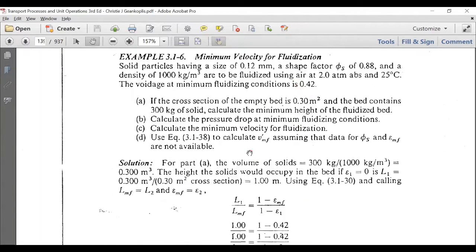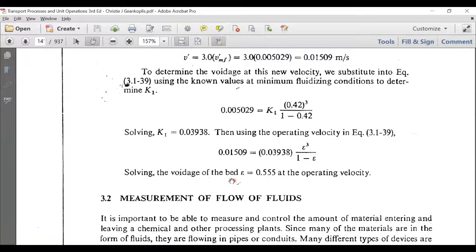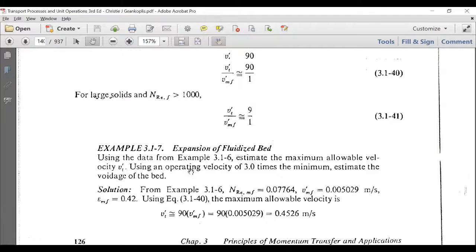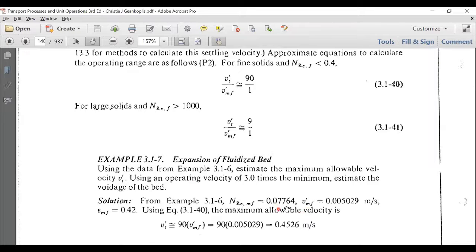We know that the Reynolds number is less than 0.4, so we can use 3.140 to find the maximum allowable velocity.